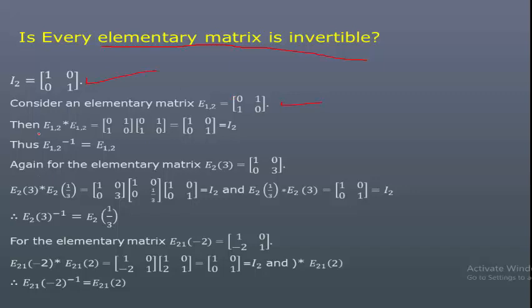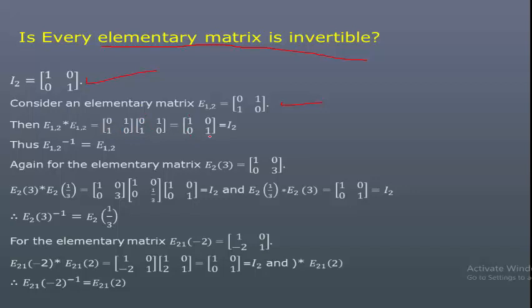Multiplying E12 by E12, what we get? First row, first column: 0 into 0, 1 into 1, we get 1 here. First row, second column: 0 into 1, 1 into 0, we get 0. Second row, first column: 1 into 0, 0 into 1, again we get 0 here.